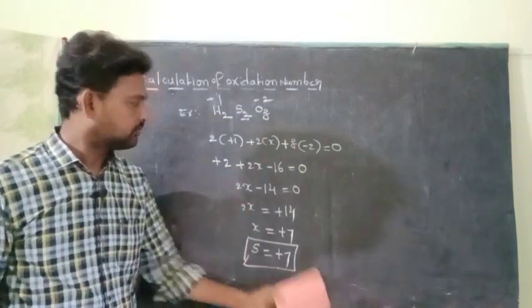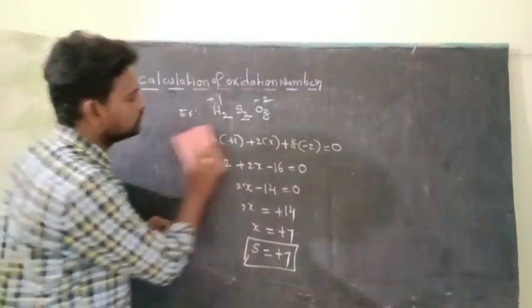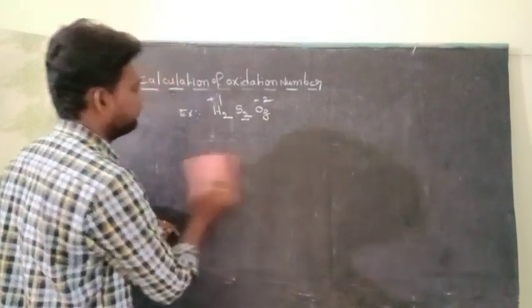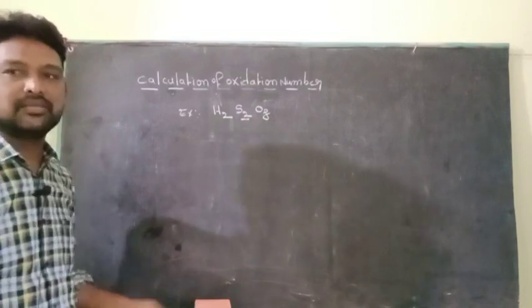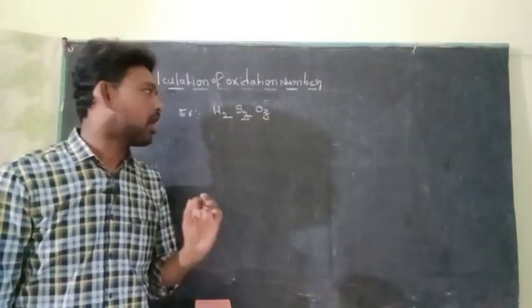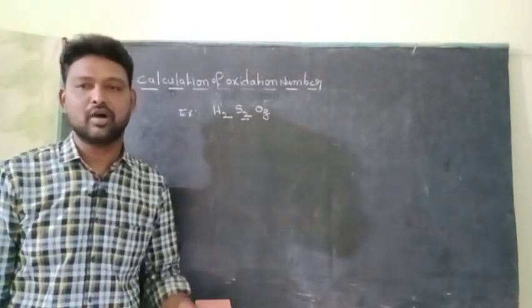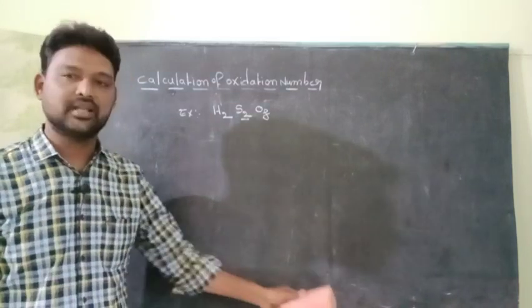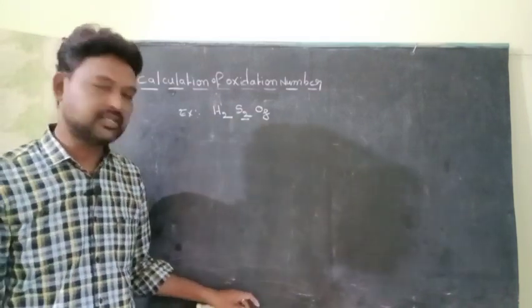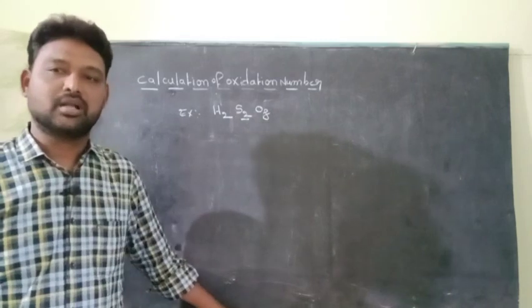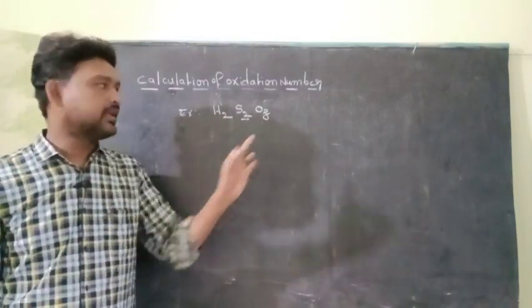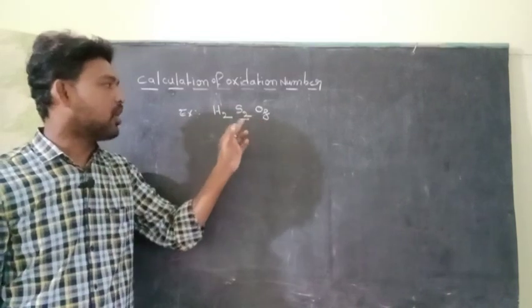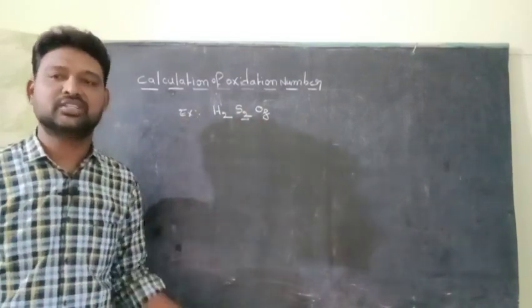So why? Because this is not a normal compound. This is a peroxy compound. That's why the sulfur oxidation number comes out wrong here: we took all 8 oxygen atoms as minus 2 oxidation number.